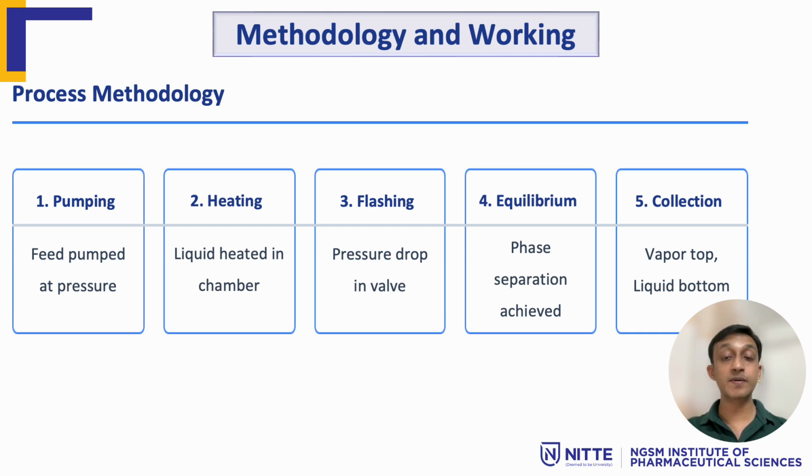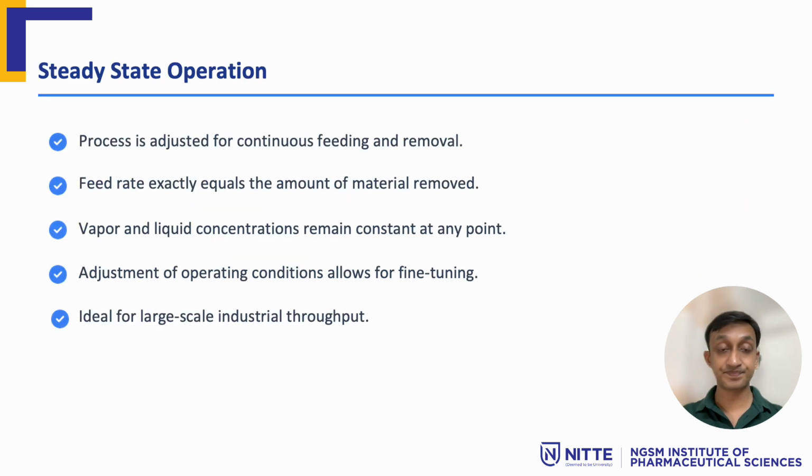Equilibrium: vapor and liquid phases reach equilibrium. Then the collection, where vapor is collected from the top and the liquid from the bottom. This sequence ensures efficient separation of the components.